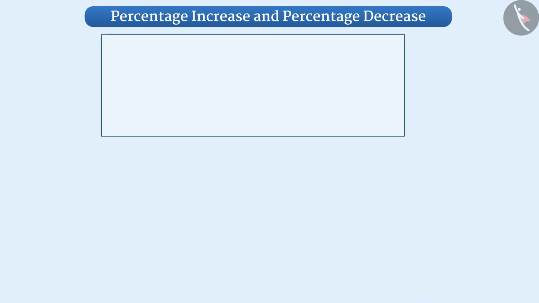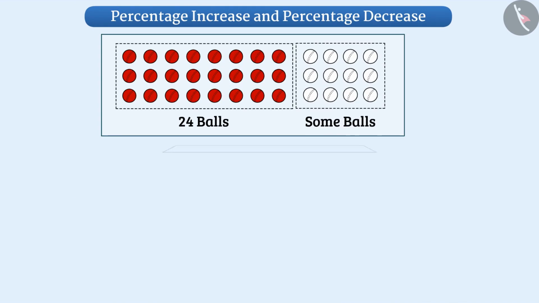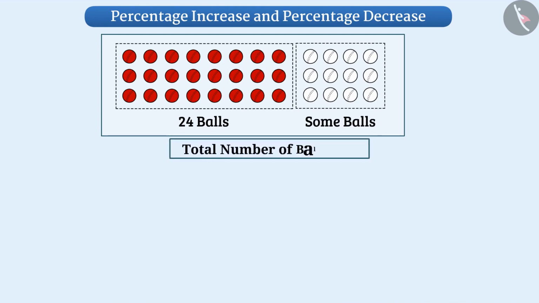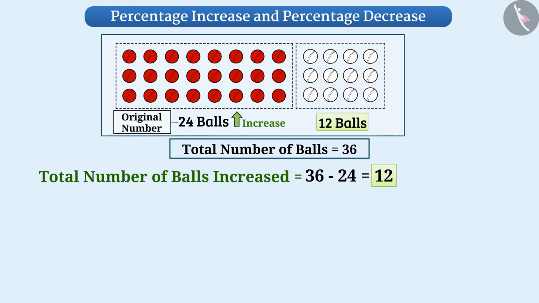Let's know about percentage increase and percentage decrease. In the box, there are total 24 balls. After putting some white balls, the total number of balls increased to 36. In this way, the total number of balls increased by 36 minus 24 is equal to 12. That is, 12 extra balls were kept. Since the original number has increased, we will take the original number as base.